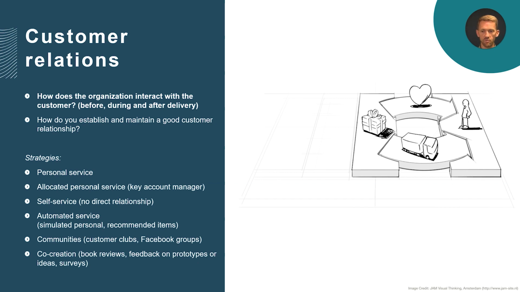Then, instead of personal service, we can see the more impersonal service, which could be self-service, so you don't have a direct relationship, but you make sure that people can service themselves on your platform, for instance. We have automated services, so this could be sort of simulated personal strategy, but it's not personal because there's no people involved.